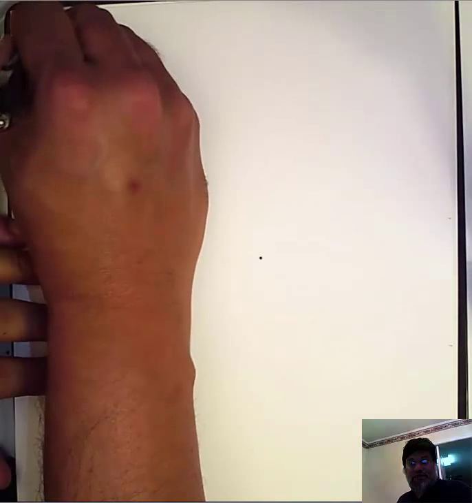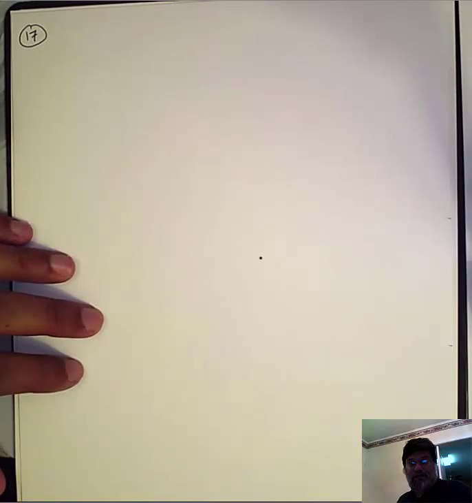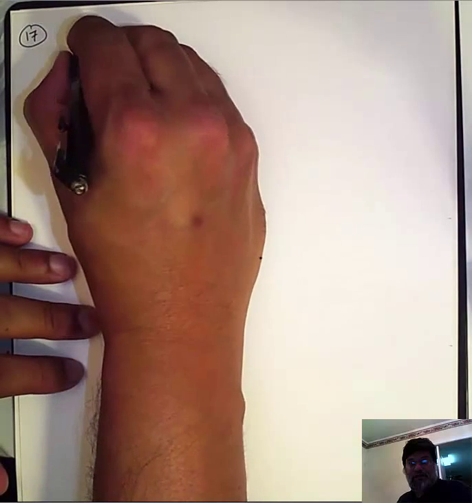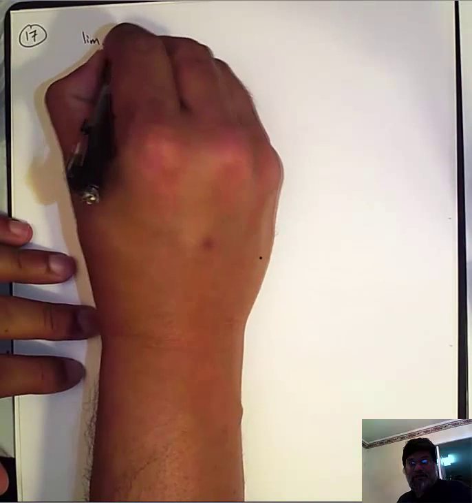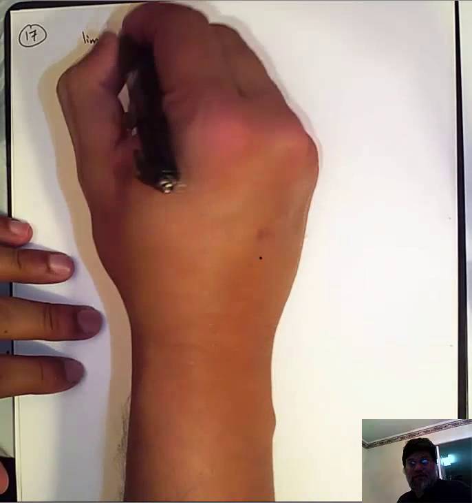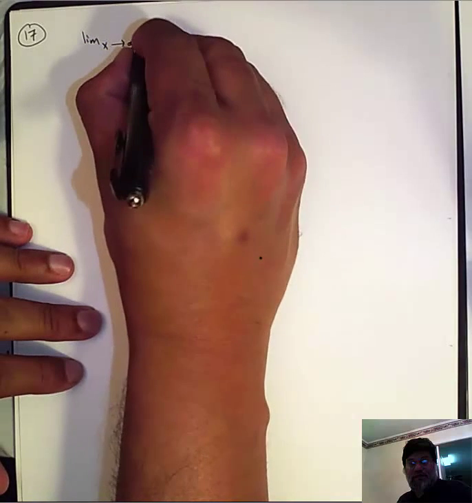Alright, we did 16, now let's go to 17. The limit as x goes to 8 from the positive side.